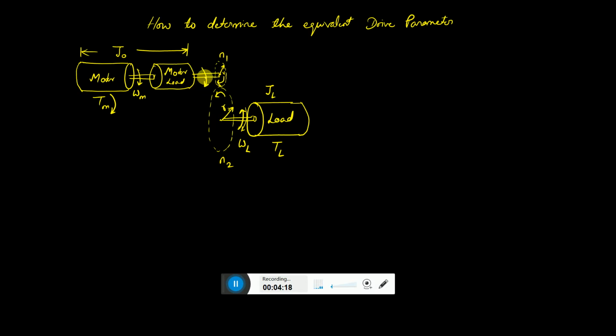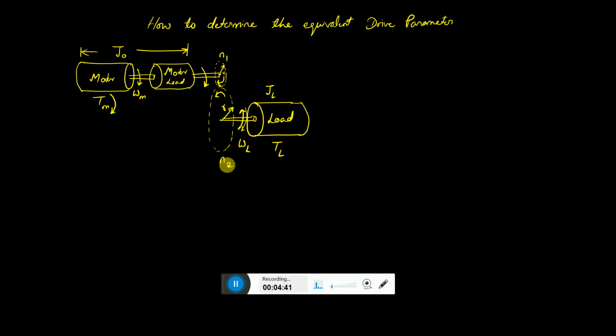We can say that if N1 is small and this omega m is very high, this small wheel will rotate very fast, and this small wheel is attached with the help of teeth to a bigger wheel. Obviously the bigger wheel will rotate very slowly.